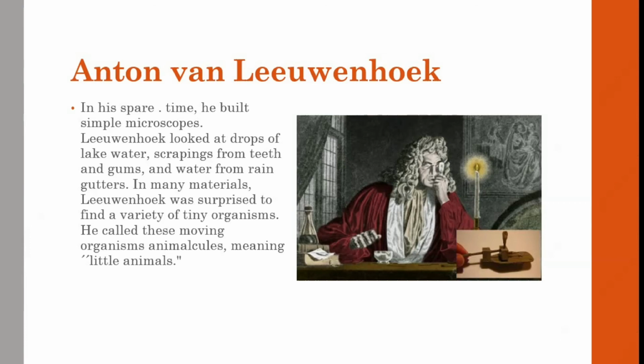In many materials, Leeuwenhoek was surprised to find a variety of tiny organisms. Leeuwenhoek noted that many of these tiny organisms move. Some whirl, some hop, and some shot through water like fast fish. He called these moving organisms animalcules, meaning little animals.